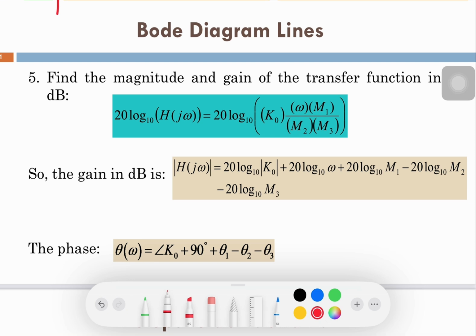After this we will have the example, but if you have K naught, omega, M1, M2, M3, you first convert into dB, and then sum up all of them based on the equation.